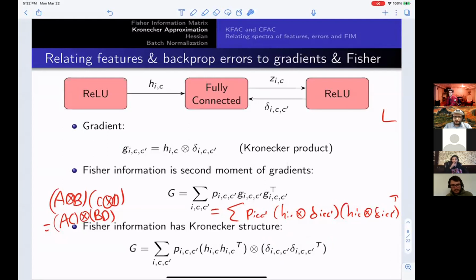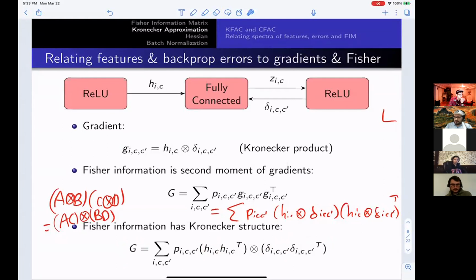Maybe this is one of the more important equations in this lecture because it contains all the quantities that we want to relate, right? You have on the left the Fisher information matrix, and on the right the features h_{ic} and the backpropagated errors delta_{icc'}.